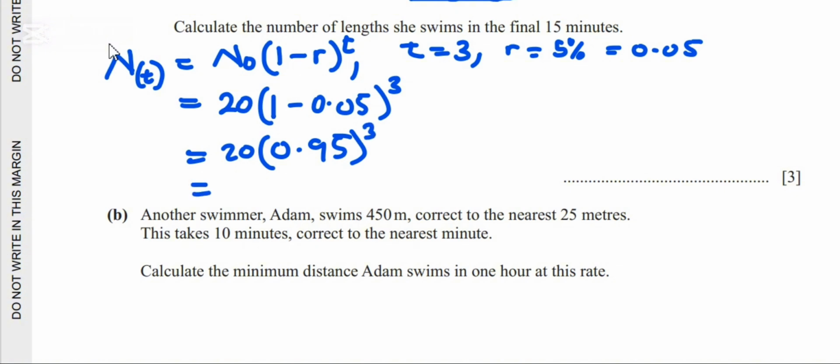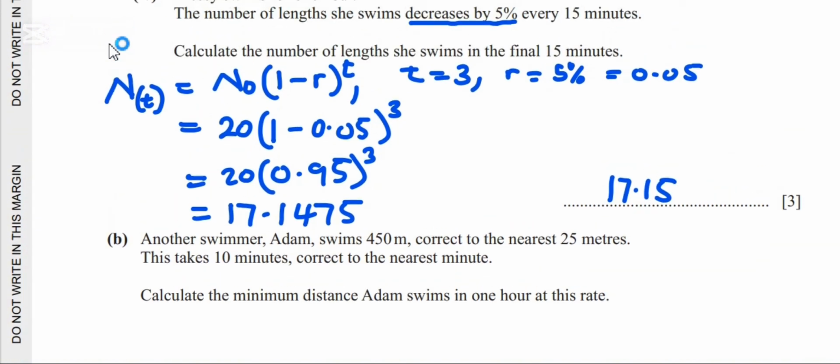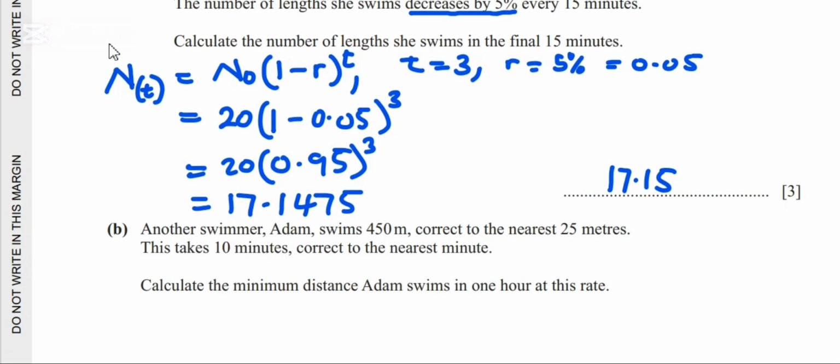And then when you use a calculator, you are going to find that the answer here is 12.2825. So meaning, rounding this to 2 decimal places, we are going to have 12.28 as the number of lengths in the final 15 minutes.